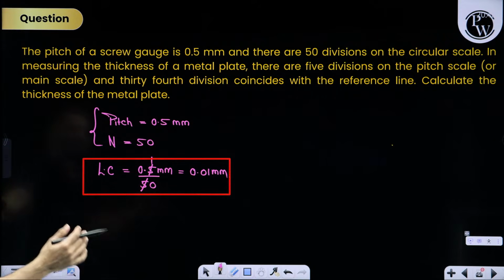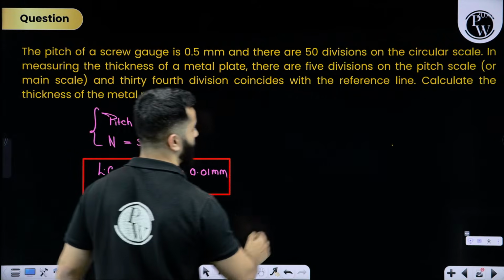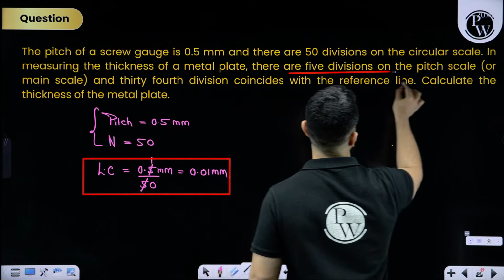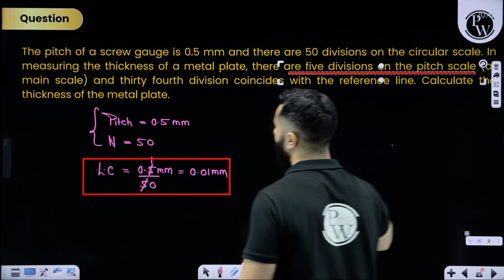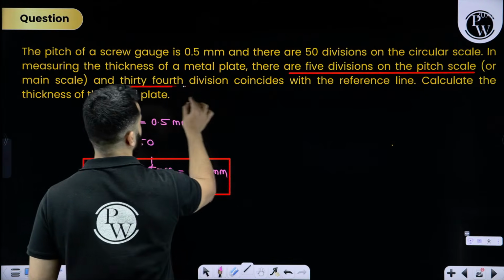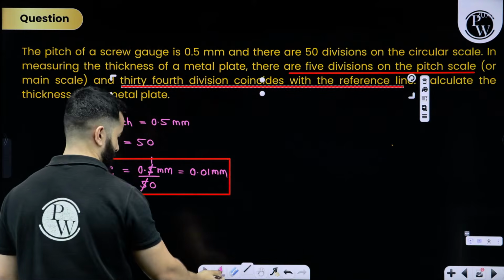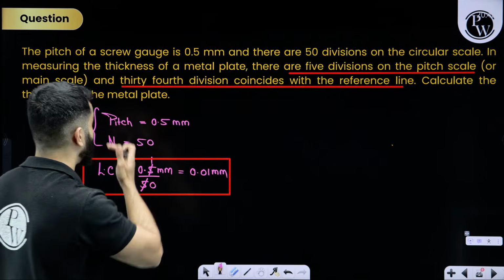In measuring the thickness of a metal plate, there are 5 divisions on the pitch scale, and the 34th division coincides with the reference line. Got it? All right, pay attention.